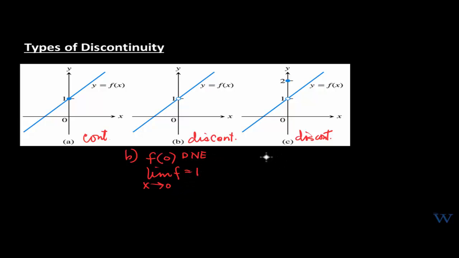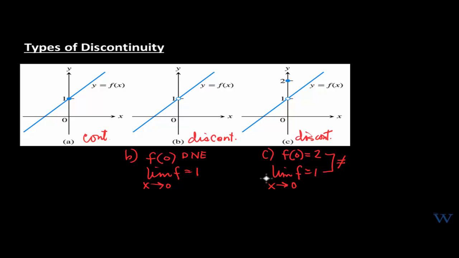Okay, how about this one? Well, let's look at f, letter C. What is f of 0? Well, f of 0 is 2. Now, what is the limit of f as x approaches 0, both from the left and from the right? The y values approach 1. The problem is they're not equal to each other.